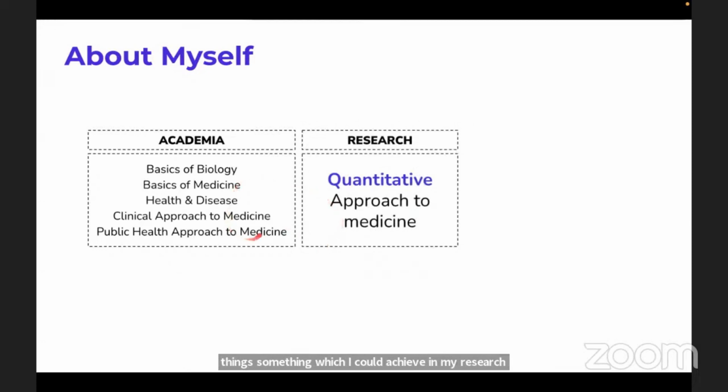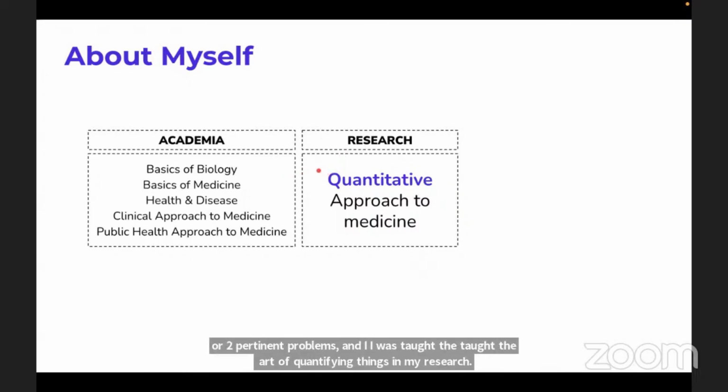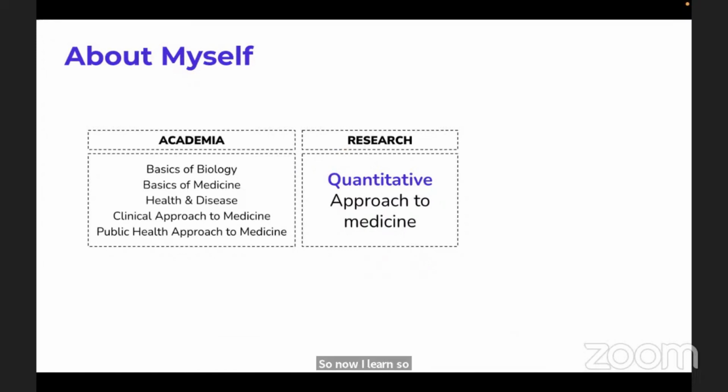So from this academic background, I tried to zoom in on one or two questions, one or two pertinent problems, and I was taught the art of quantifying things in my research. So majorly, I focused on quantitative methods. How do we quantify medicine?